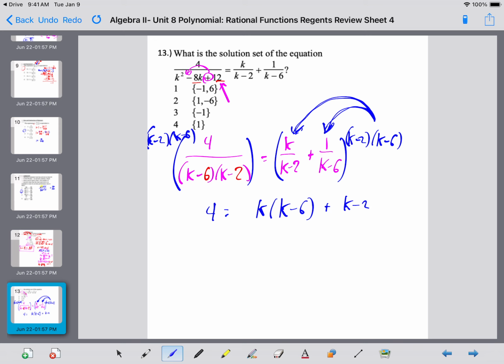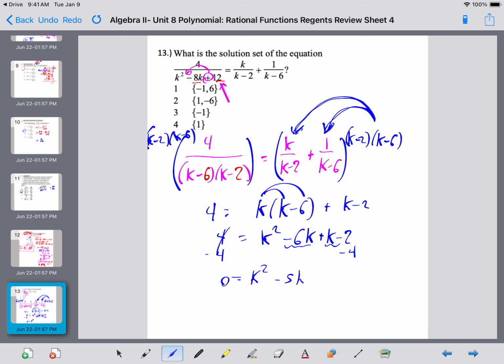So, we're going to simplify this. You could subtract 4 on both sides, combine like terms. K minus 6k would be negative 5k. Negative 2 minus 4 would be negative 6.